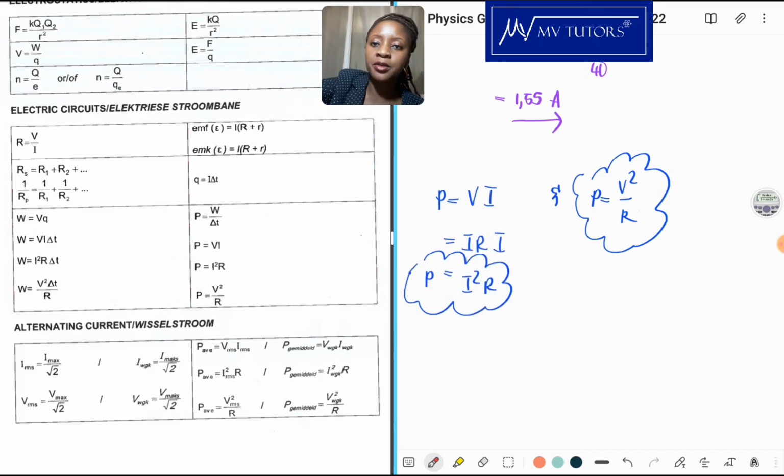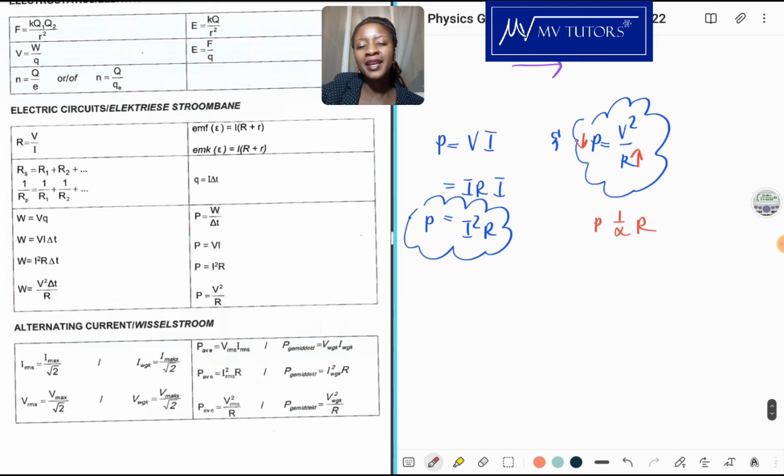If I were to increase resistance, it went from 3.5 to a higher value, the power will decrease. This equation sets it out quite nicely because I can see clearly that an increase in R will be a decrease in P. So P is inversely proportional to R. What about here?